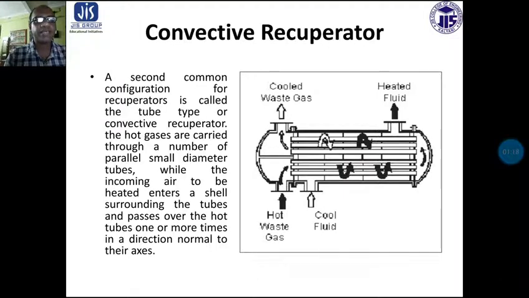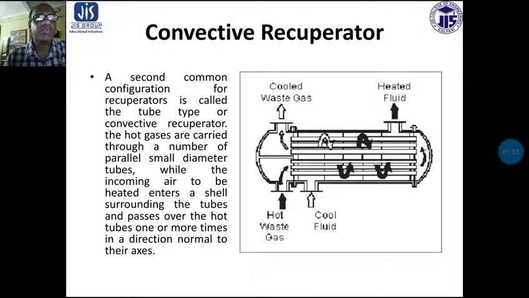The hot gases are carried through a number of parallel small tubes, while the incoming air to be heated enters a shell that surrounds the tubes and passes over the hot tubes one or more times in a direction normal to their axis.